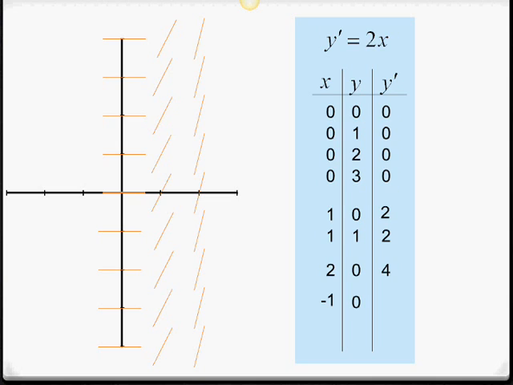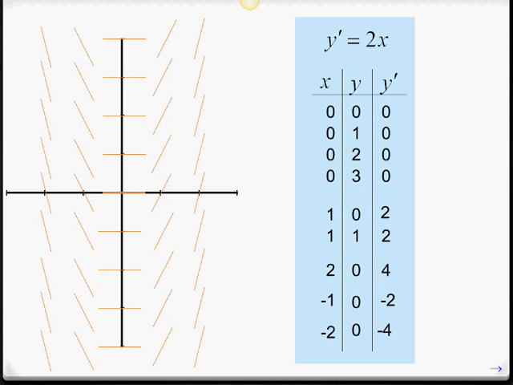If I put in negative 1, 0, I'll have a slope of negative 2. So there you see hash going the other way. Negative 2, 0 has a slope of negative 4. Okay, so what we have just done is kind of created the shape of the graph.